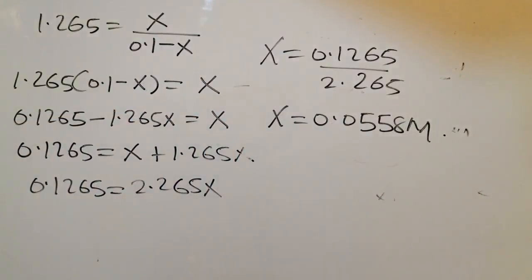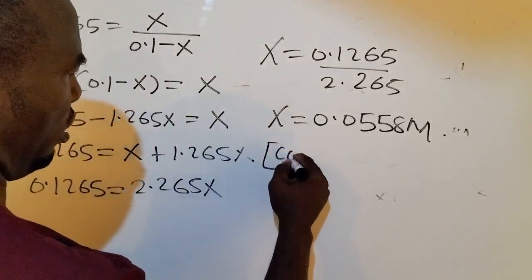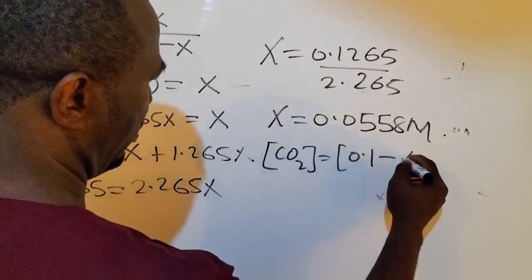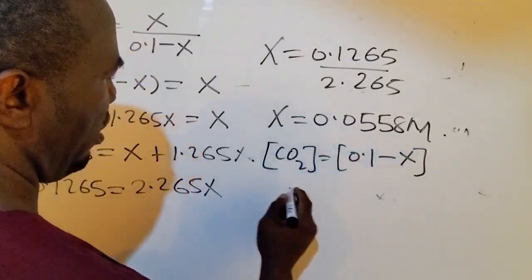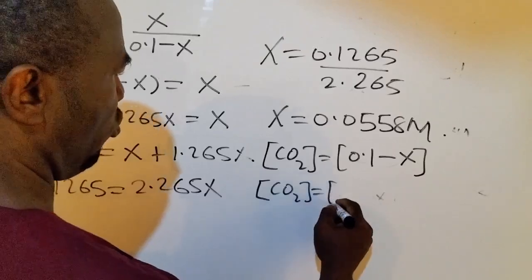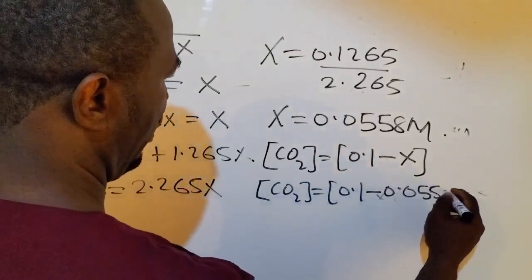So you're asked to find the equilibrium concentration of each of the substances. The equilibrium concentration from the equation of CO is going to be 0.1 minus S. So bringing S here, the concentration of CO is going to be 0.1 minus 0.0558.